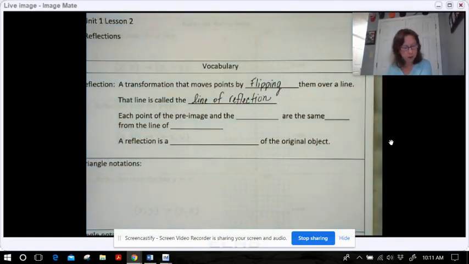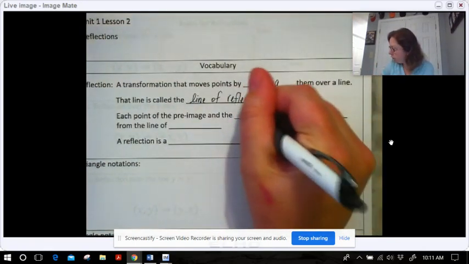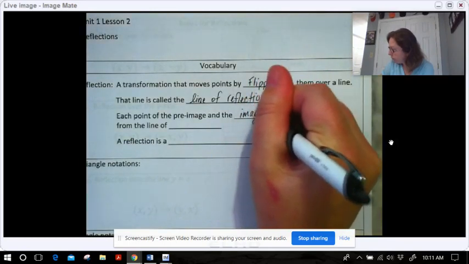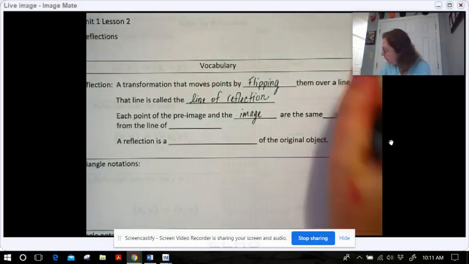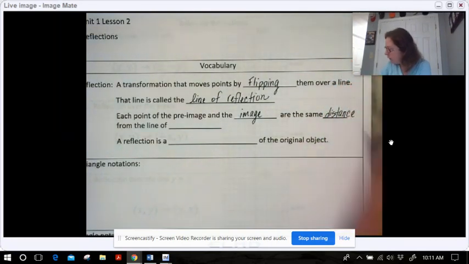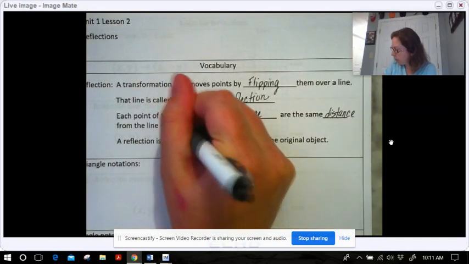Each point of the pre-image and the image are the same distance from the line of reflection. So the same distance from the line of reflection.